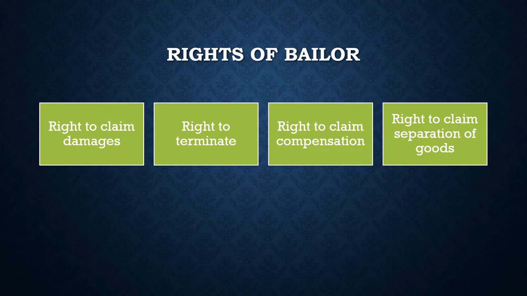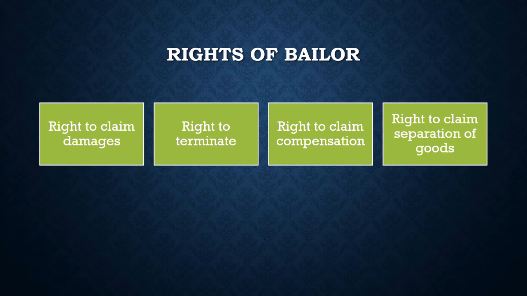Now, see, this right to claim damages and right to claim compensation generally occurs when the bailee is not taking care, or bailee is making an unauthorized use of the goods, or bailee is doing an unauthorized mixture of the goods. I'll give you an example.